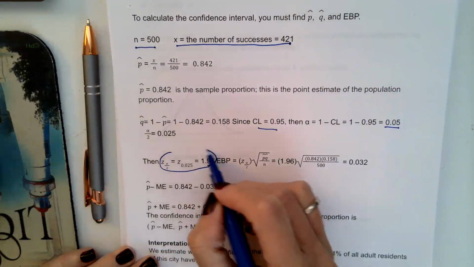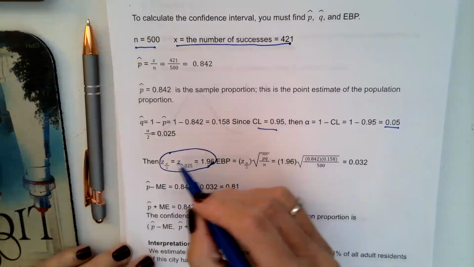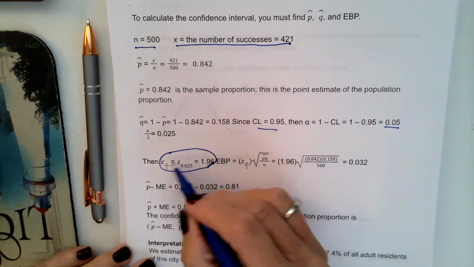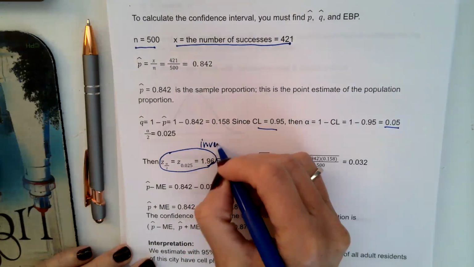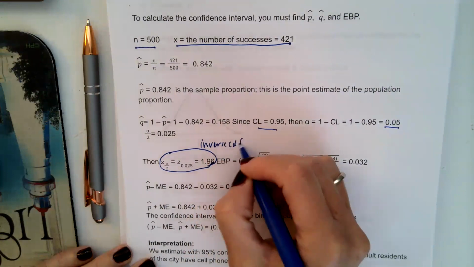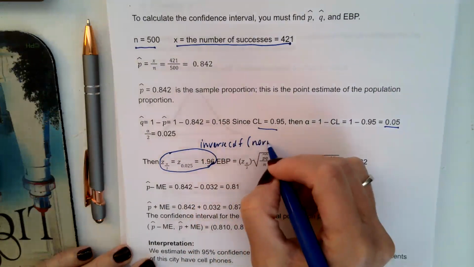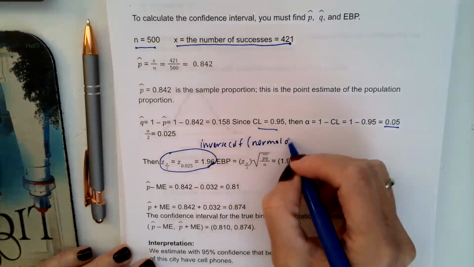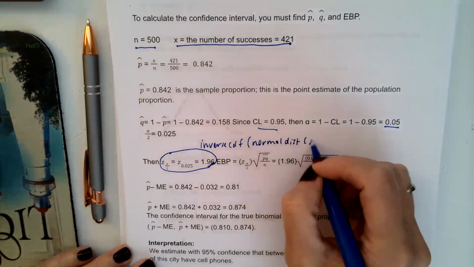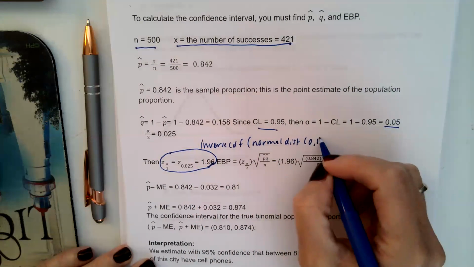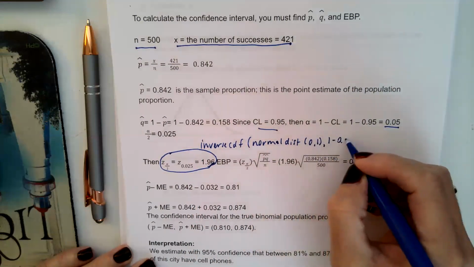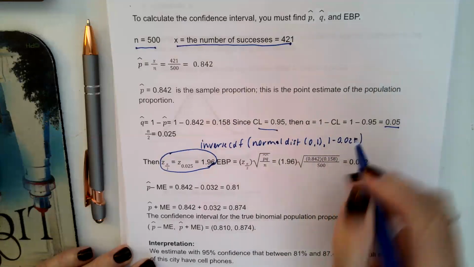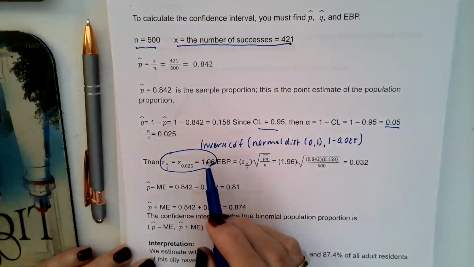And we are going to remind ourselves that to find this z of 0.025, we're going to use the inverse CDF of the normal distribution, which we've been using for a while, with mean 0 and standard deviation 1, comma 1 minus 0.025. And that gives us, rounded, 1.96.